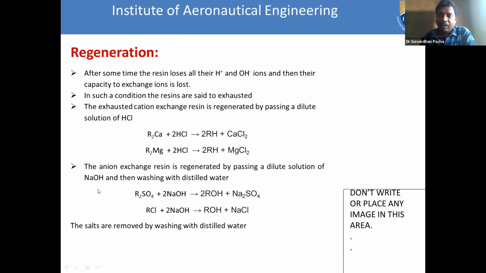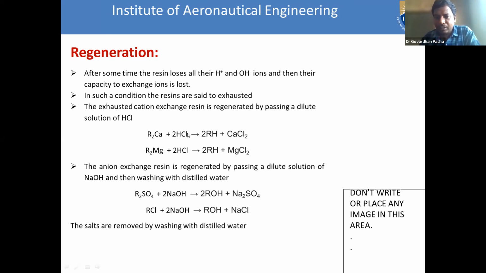For example, the products of the cation exchanger are either R2Ca or R2Mg. Take R2Ca reacting with hydrochloric acid, because the regeneration chemical is hydrochloric acid.